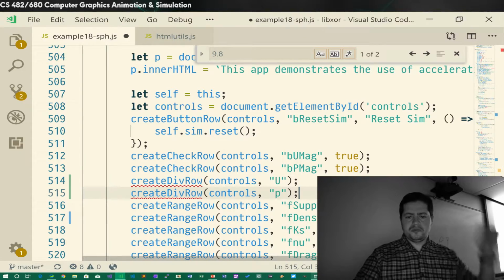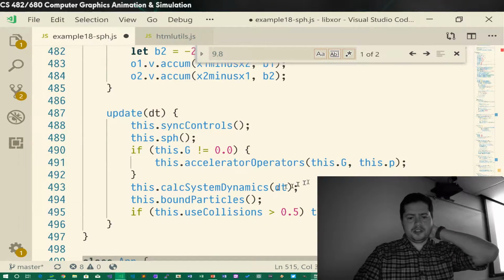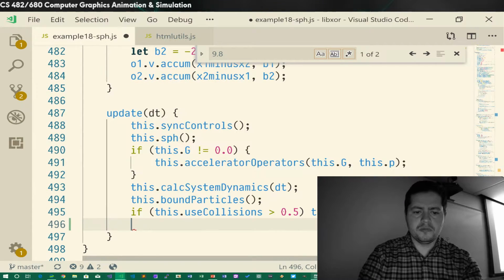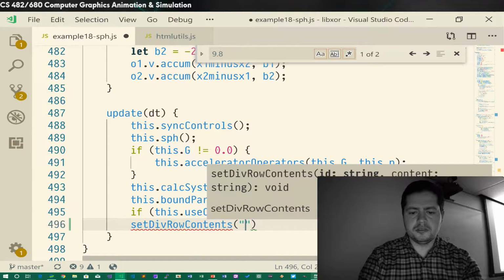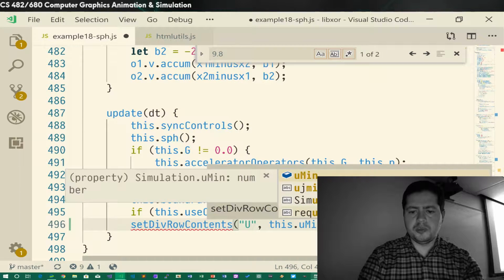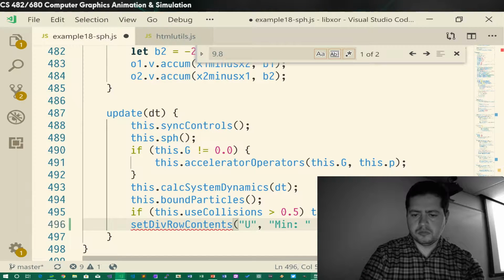Okay, so then inside of our update functions, we can call set div row contents U to be Umin plus Umax. Is there a way to format?